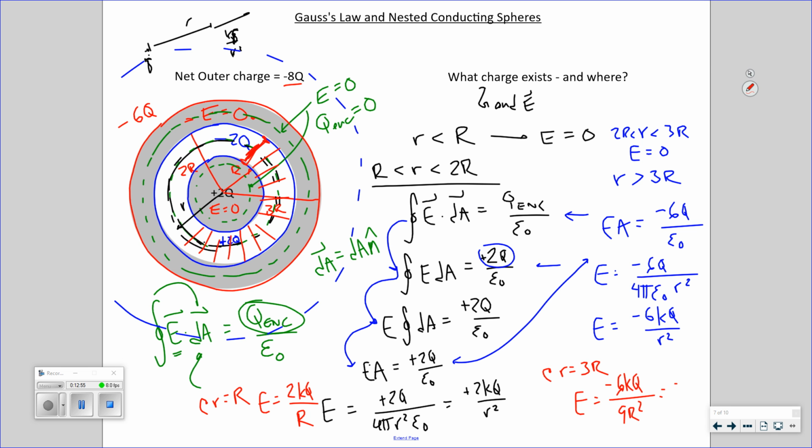So that's negative 2/3 kQ over big R squared. And look, here's a kQ over big R squared. Now we can compare those electric fields pretty precisely. All right, so watch this.